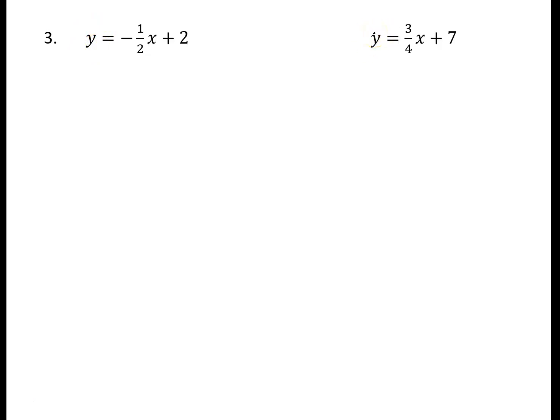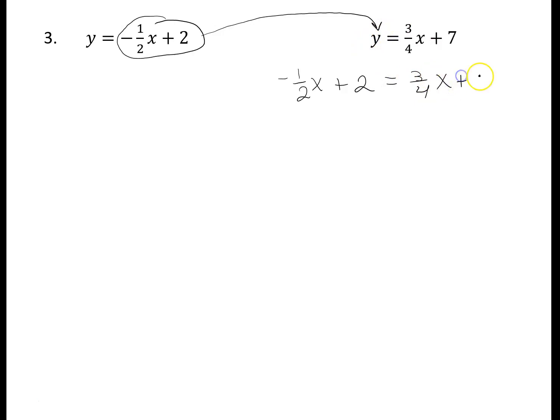So we can go straight to substituting, and it actually doesn't matter whether we take this expression here and plug it in for the y in the second equation, or we could have done it the other way and plugged in the 3/4 x plus 7 into the first equation. Either way is fine. Okay, so I'm going to go ahead and replace this y with negative 1/2 x plus 2. So we replace the y, then we bring down the right side of the equation.